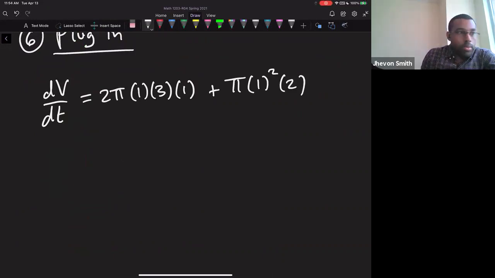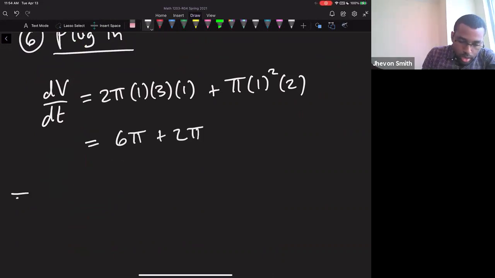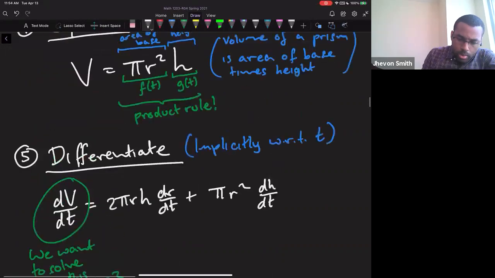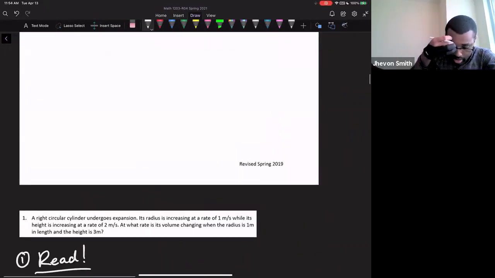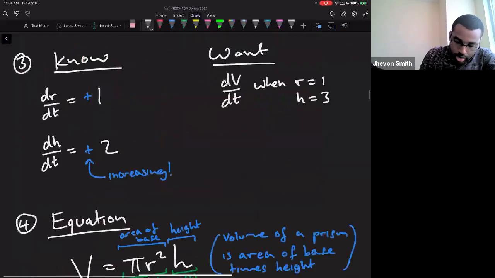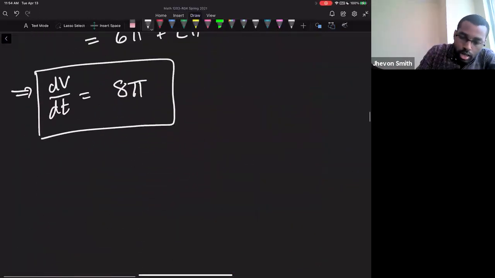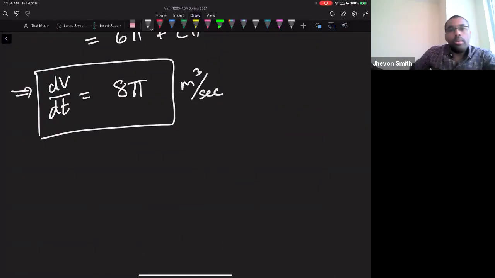Now I'm plugging them in. This is going to be, of course, 6 pi plus 2 pi. And so our dV/dt is equal to 8 pi. Like I said, in this class, I don't particularly care if you have the units, but since we're here, it's meters per second. So the volume is changing at 8 pi meters cubed per second.